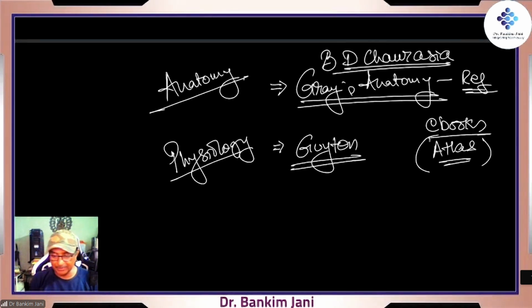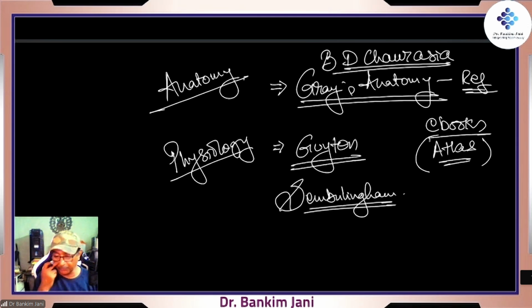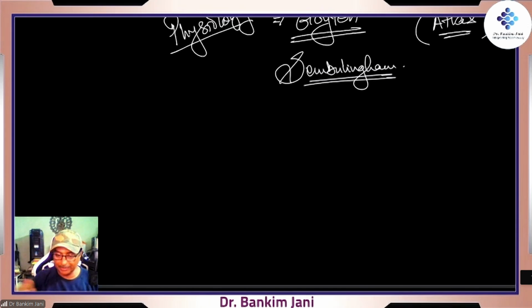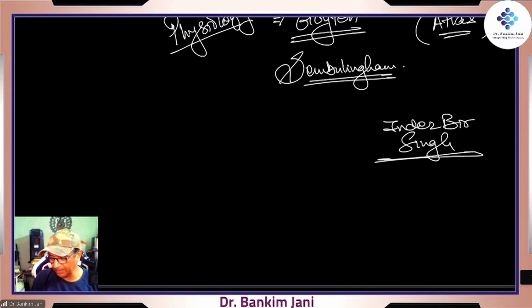Then the rest of the books like Sambulingam are also a very good book for physiology. For embryology, I prefer Inderbir Singh. In Inderbir Singh you will find many figures which explain and make your concepts very good.